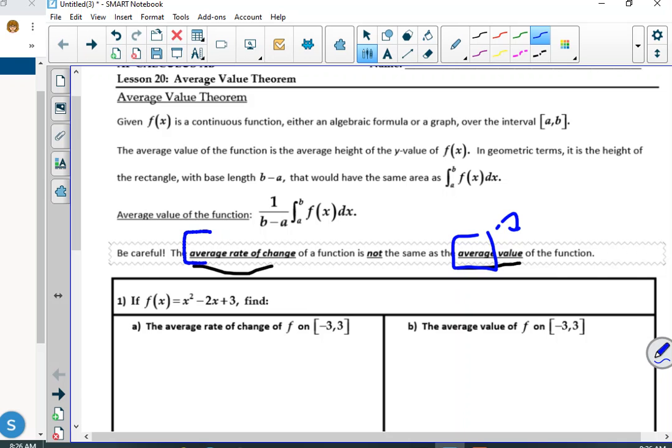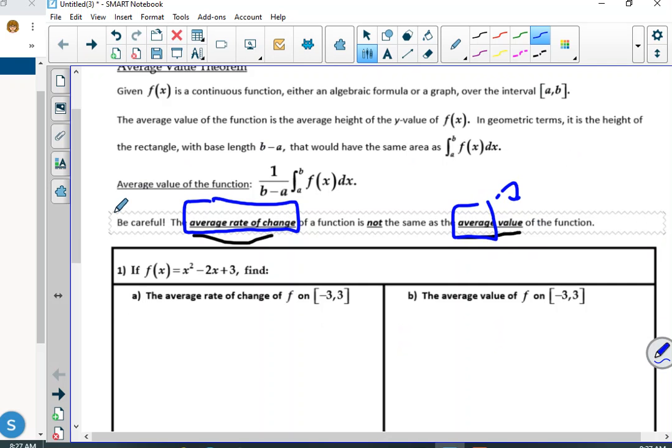If we want average rate of change, we're going to say average rate of change. So if it's average velocity, that's average value of the velocity. Average temperature, average number of cookies, average speed, average whatever, you're going to do the average value of that thing.